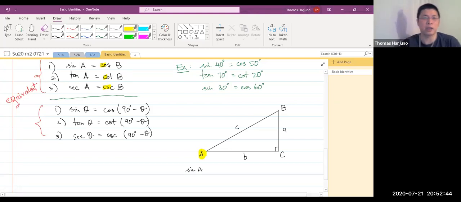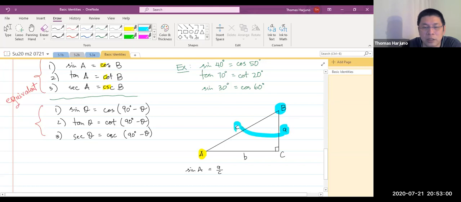What is sine A? Sine A is equal to A over C, right? But if you use B as the point of view, A over C refers to the adjacent of B over hypotenuse.